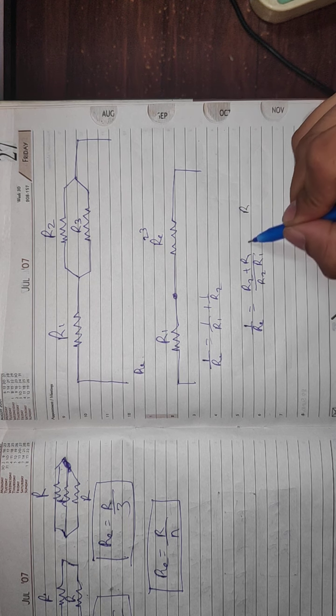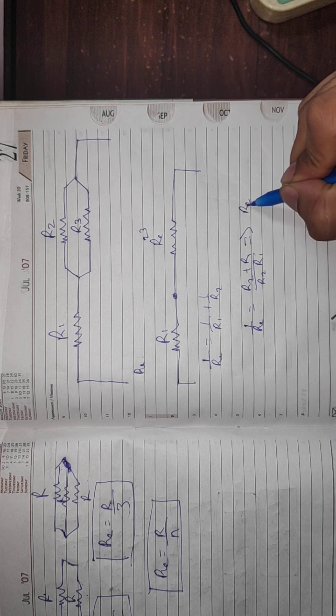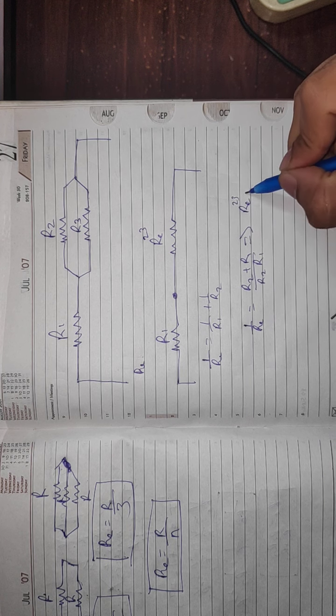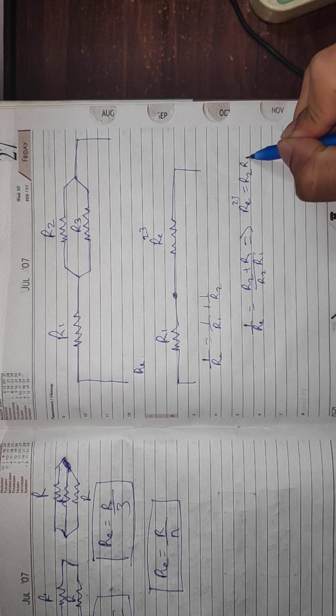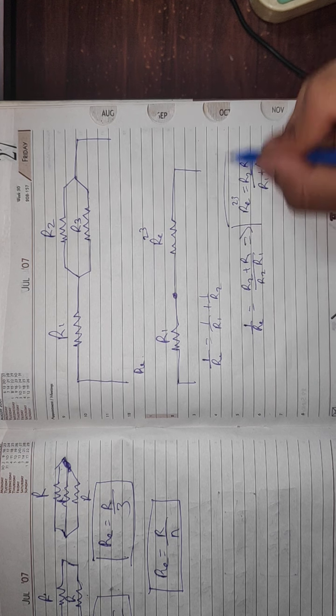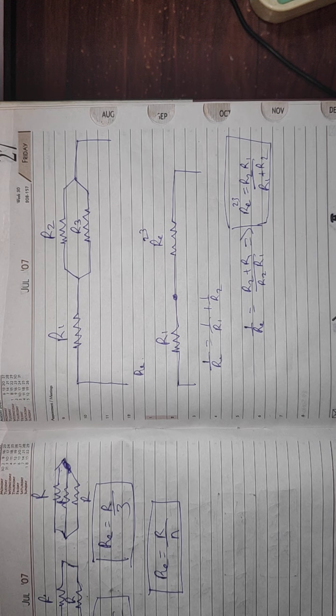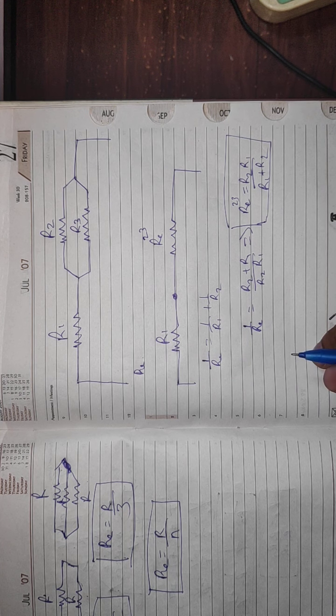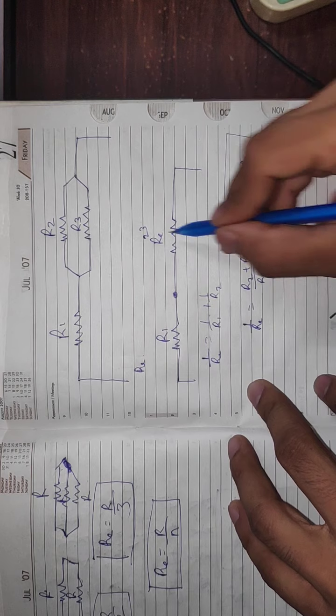So from here, RE for 2, 3 will be equal to R2 R1 upon R1 plus R2. Okay, I can write this.